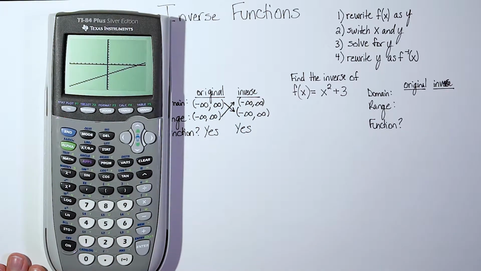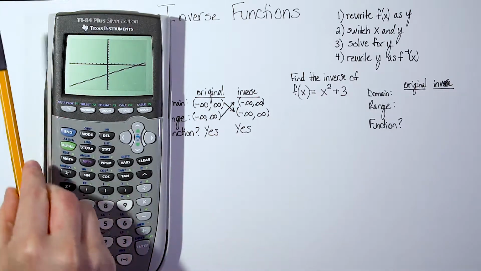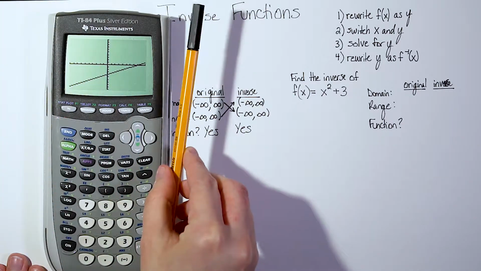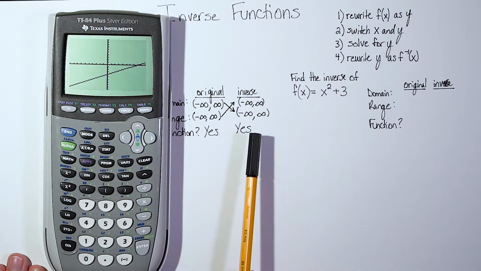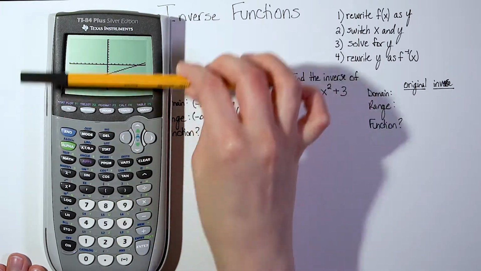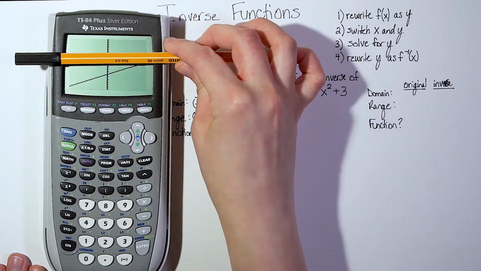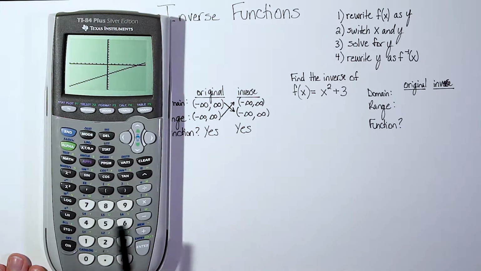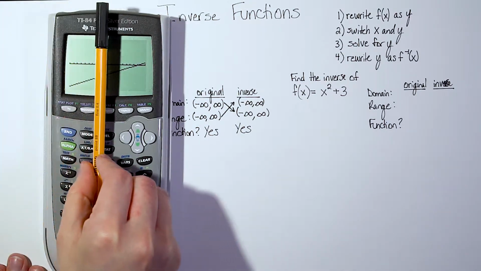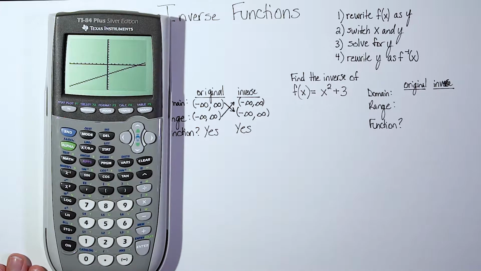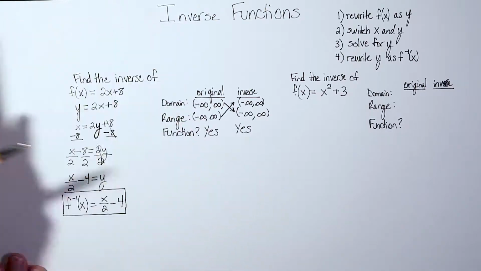So there's that inverse line. And if we check the domain, it is negative infinity to positive infinity. The range is negative infinity to positive infinity. And it is a function. It does pass that vertical line test. We used the horizontal line test on the original just to see, and we're now proving that yeah, it is a function.